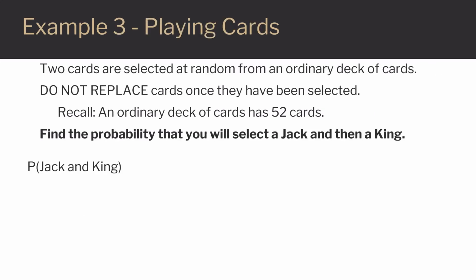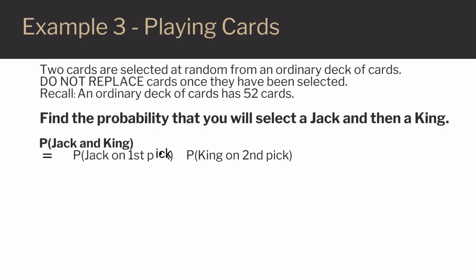Next, let's do an example with playing cards. 2 cards are selected at random from an ordinary deck. An ordinary deck of cards has 52 cards in it. Find the probability of a jack and then a king. And again, notice we do not replace. Since there are 4 jacks in a deck, 4 out of 52 will be our first card.